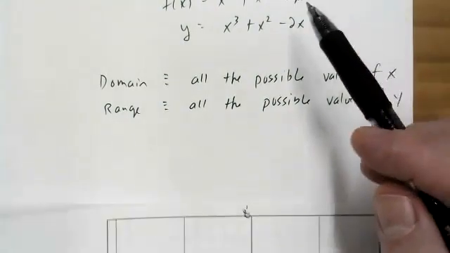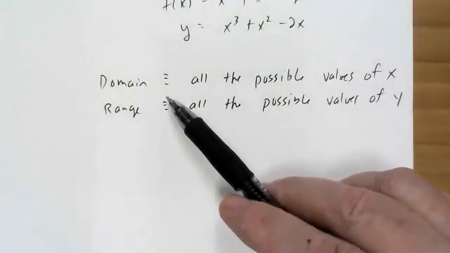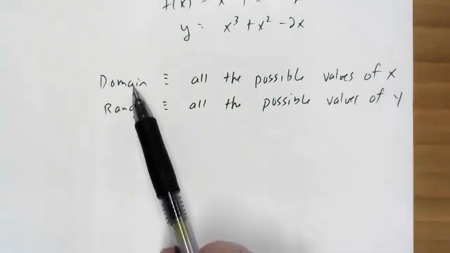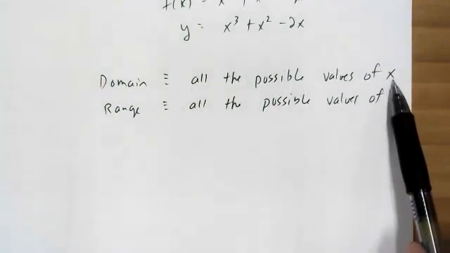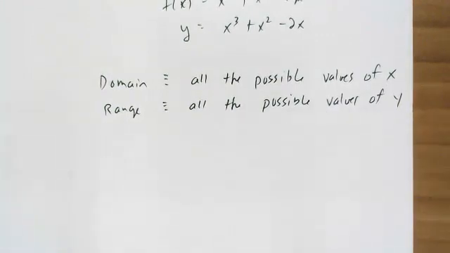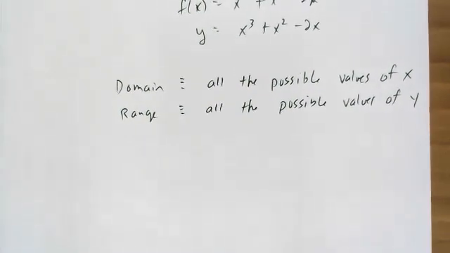And by the way, years ago, when I was learning this, I was trying to think, somehow I've got to remember domain, we're talking about values of x, range, we're talking about y. How can I remember those? Since domain and range was very new to me, I wasn't sure. And here's what I did years ago, and it helped me to the point where now I don't have to think about it, but at the time it helped.